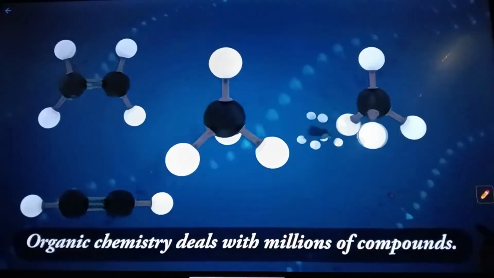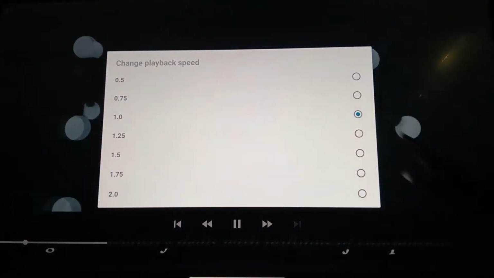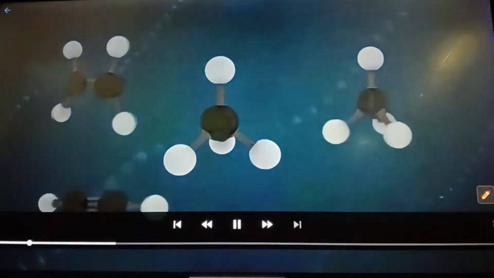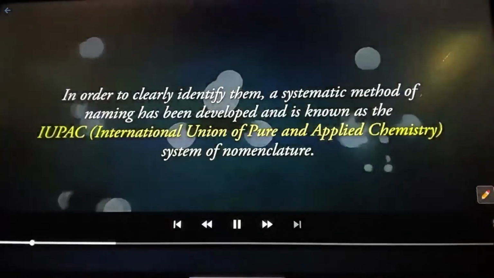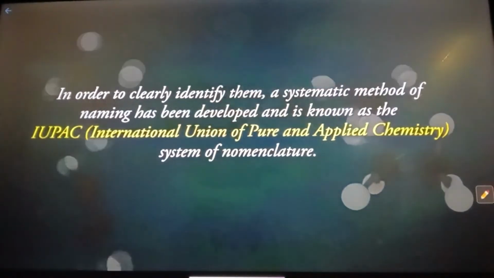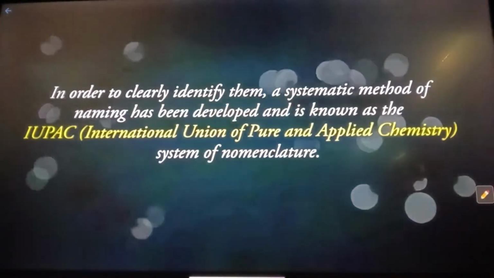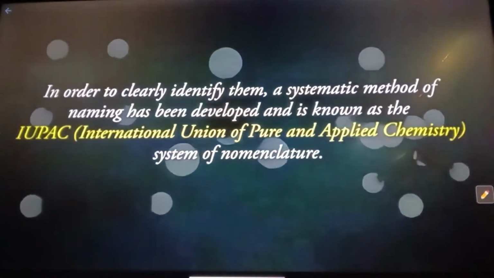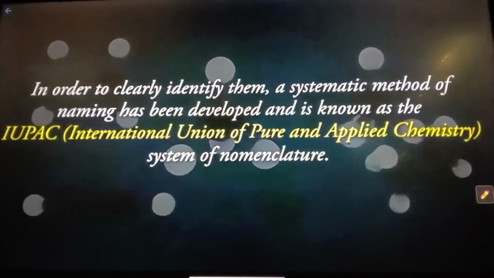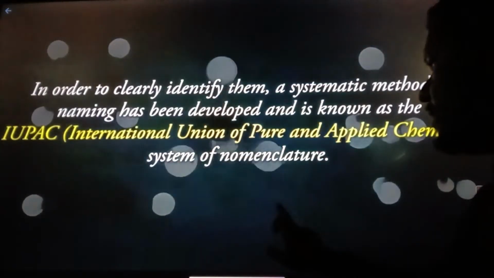Organic chemistry deals with millions of compounds. In order to clearly identify them, a systematic method of naming has been developed and is known as the IUPAC, International Union of Pure and Applied.